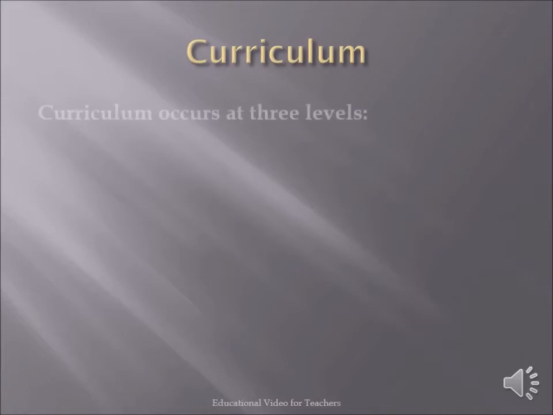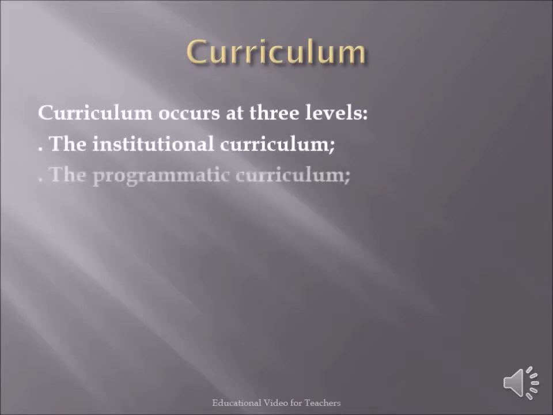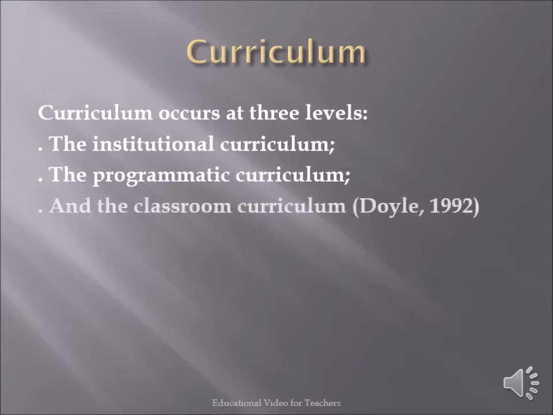According to Doyle, curriculum occurs at three levels: the institutional curriculum, the programmatic curriculum, and the classroom curriculum. So, if we look at curriculum with Doyle's perspective, then we may define curriculum differently at the institution level, at the program level, and at the classroom level.